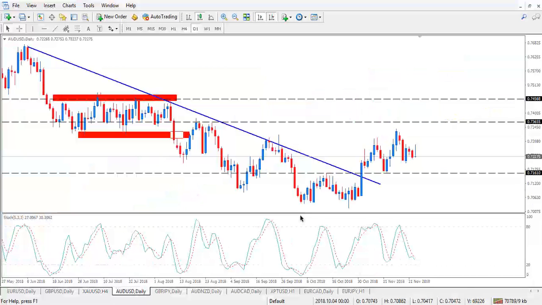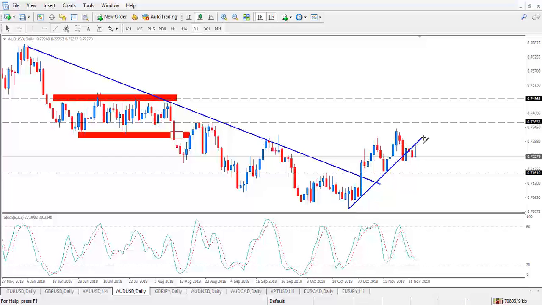Let's move to the Australian dollar. As you can see here, a downtrend simply means that the price is making lower lows and lower highs and is pushing downwards. Now, maybe the trend is changing, because now we don't have this sequence of lower lows and lower highs, but the price is actually making higher lows and higher highs, and this simply means that the direction is changing.